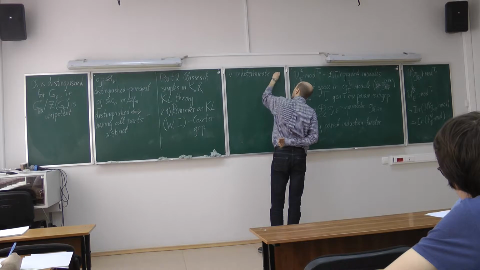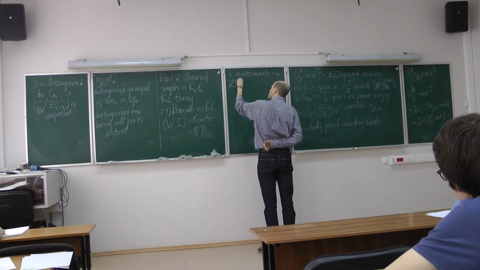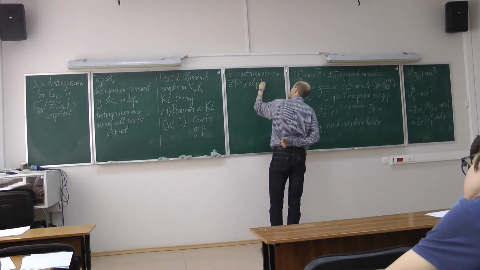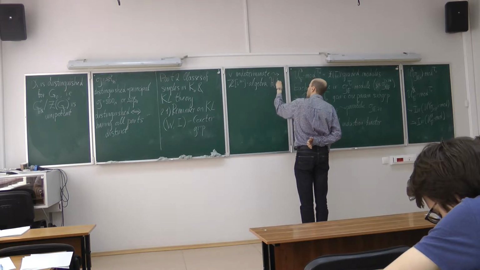So from here we can produce an algebra over Laurent polynomials in v called the Hecke algebra. And I will denote it by H_v(W).